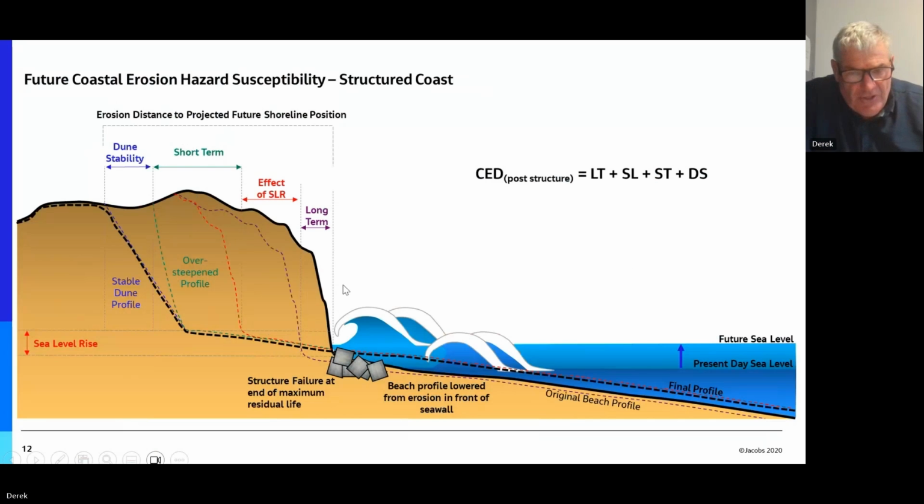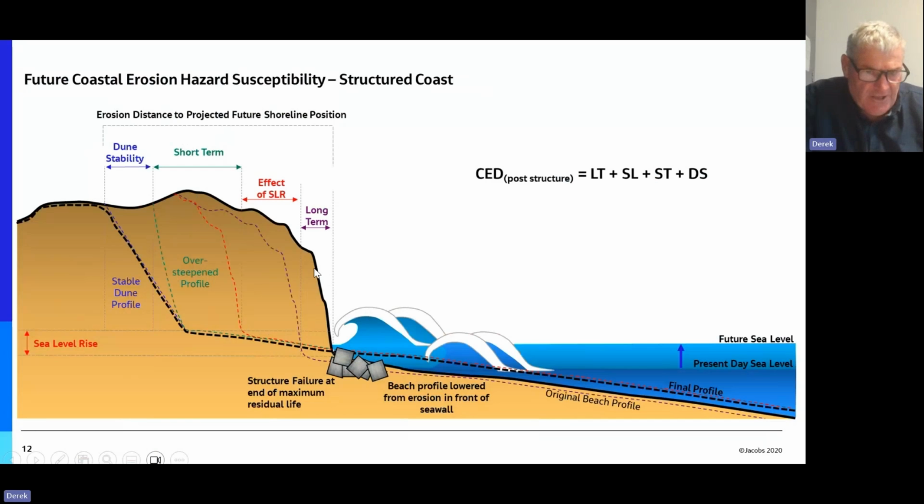We don't, in those assessments, include a consideration of the walls being rebuilt, because those are decisions that are still to be made and decisions that come out of the adaptation work. So this is very much a worst case scenario. If walls fail, nothing else is done, so they fail at various times in the future, then where will our shorelines be?